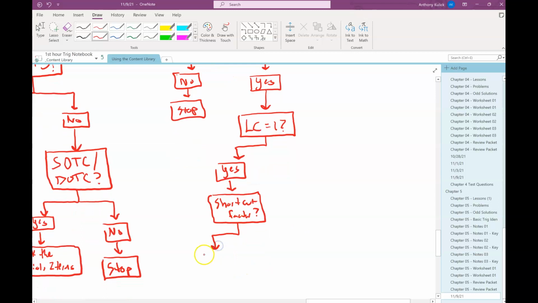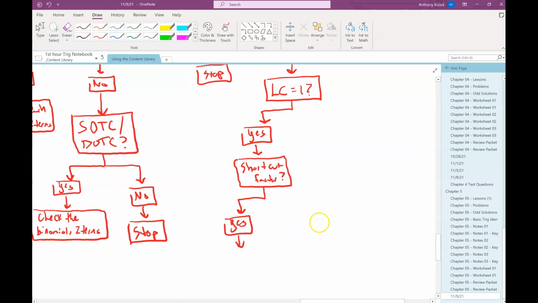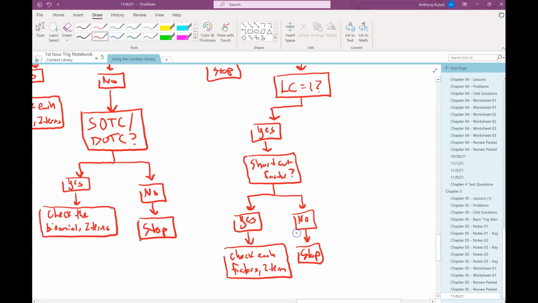If we can do that shortcut factoring, then we check each of the factors down the two-term branch. If we can't do that, then we stop. There's nothing more to do.